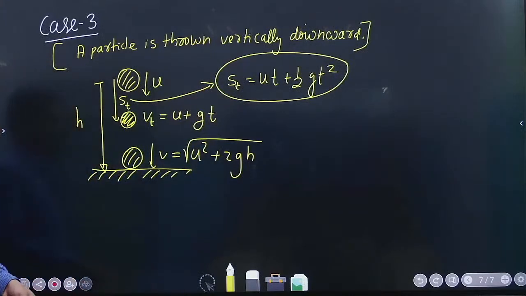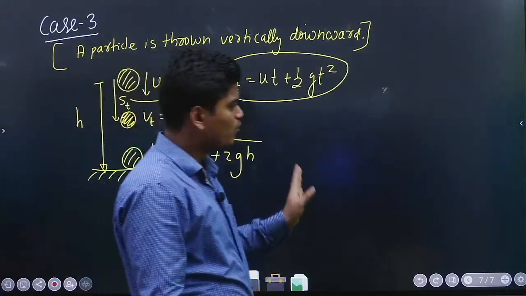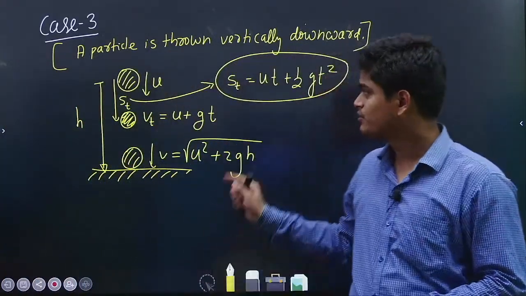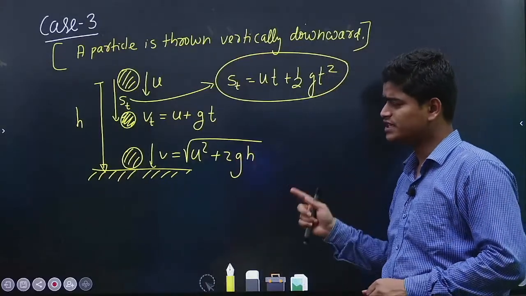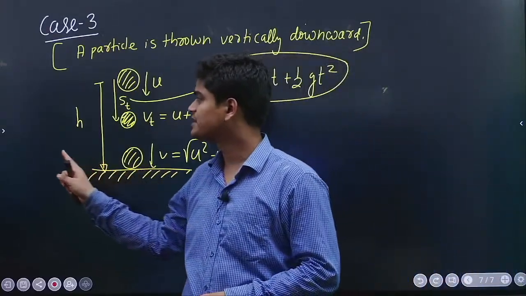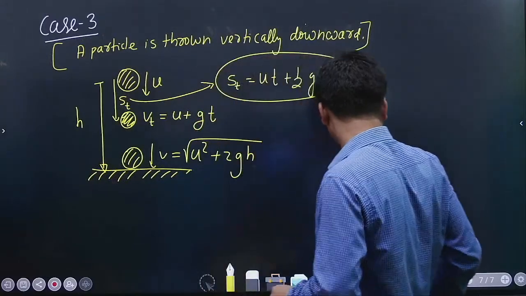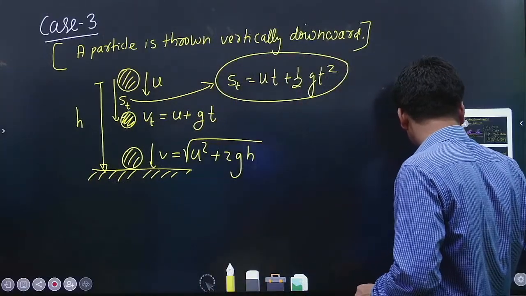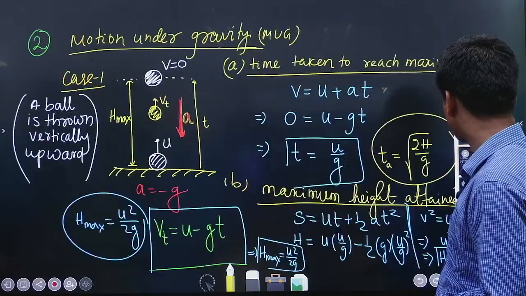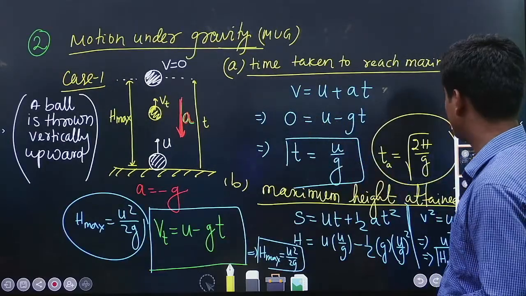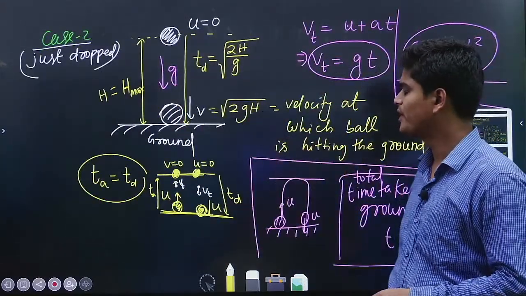This is the idea you must remember when a particle is thrown vertically downward. Now based on what we studied, we will see questions. A particle is thrown from the top of a tower, so both case 1 and case 2 combined we will see.